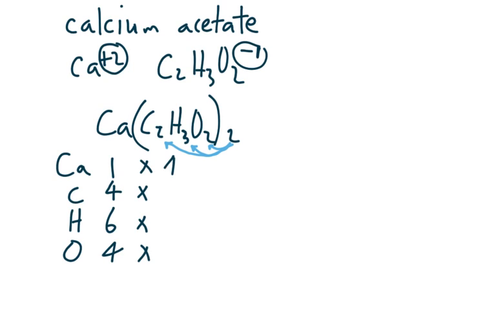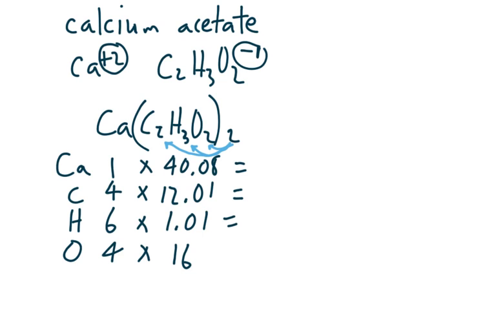So calcium is 40.08, and then carbon is 12.01. All of these, again, from the periodic table. Hydrogen is 1.01, and then oxygen is 16. Okay? Now we're going to multiply to obtain the final column, which will be the product of these.